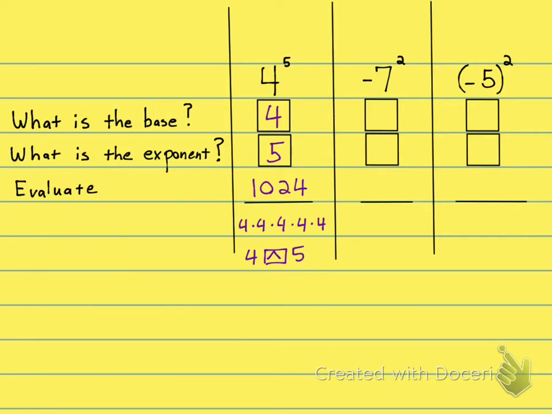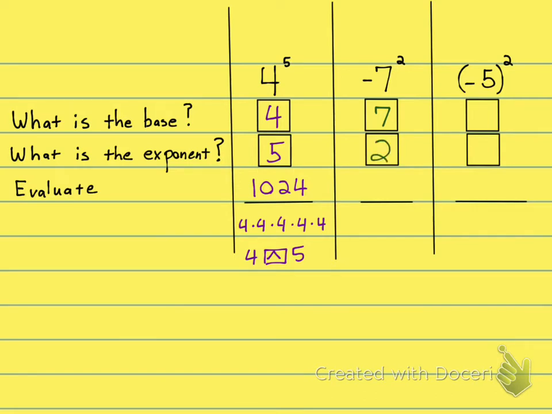You'll get the same thing. All right, now this next one is the opposite of 7 squared. Okay, the base of this next one is just the 7. The minus in front, that negative, is not part of the base because it's not in the parentheses. So when you go to square, you're only going to square the 7, and that negative is just going to drop down. All right, so the exponent is obviously the little number up there, which is 2.